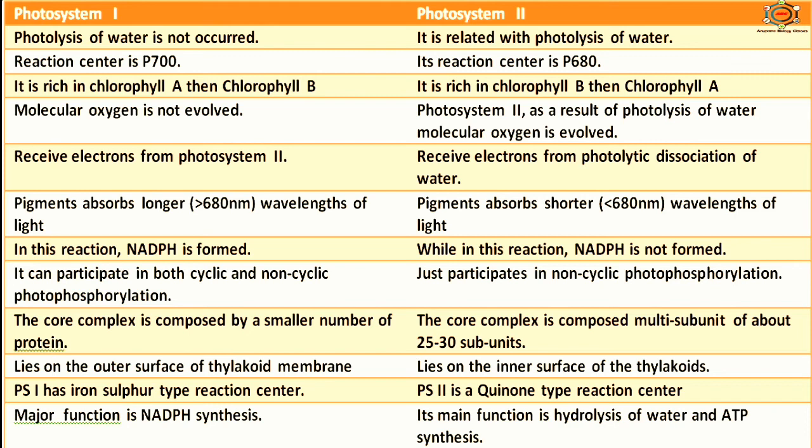Photosystem first can participate in both cyclic and non-cyclic photophosphorylation, while photosystem second participates only in non-cyclic photophosphorylation. In photosystem first, the core complex is composed of a smaller number of proteins, while in photosystem second, the core complex is composed of multiple subunits, about 25 to 30.